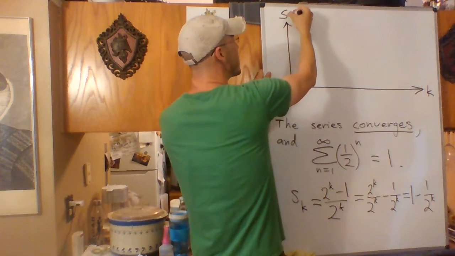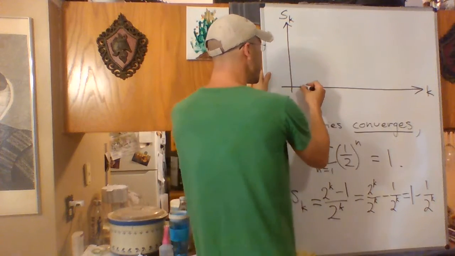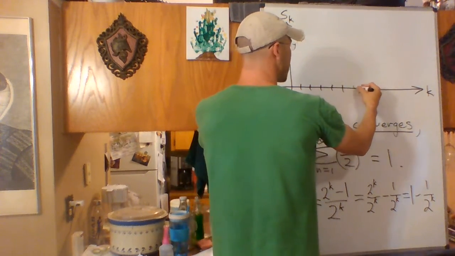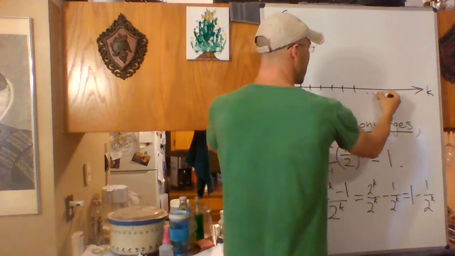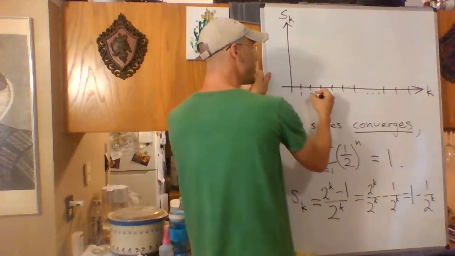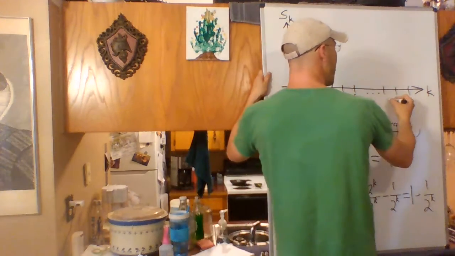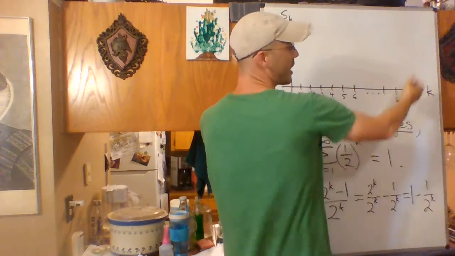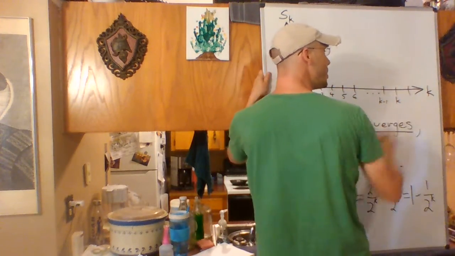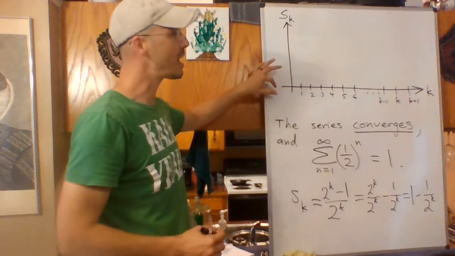The y values are going to be my s_k. And the k values range from here, 1, 2, 3, 4, 5, 6. Keeps going. k is out there somewhere, k, just the general variable. The one before it is k minus 1. The one after it is k plus 1. But this is the k-axis.